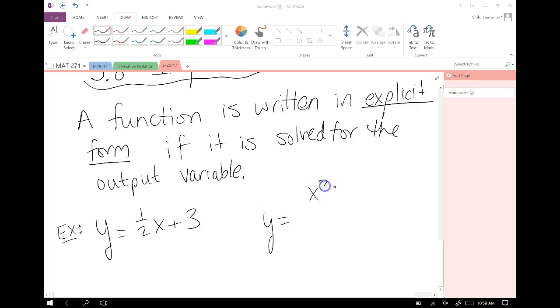Y equals x squared plus 5 over 2x minus 1 is an explicit equation. Y equals the square root of 2x minus 3 is an explicit equation.